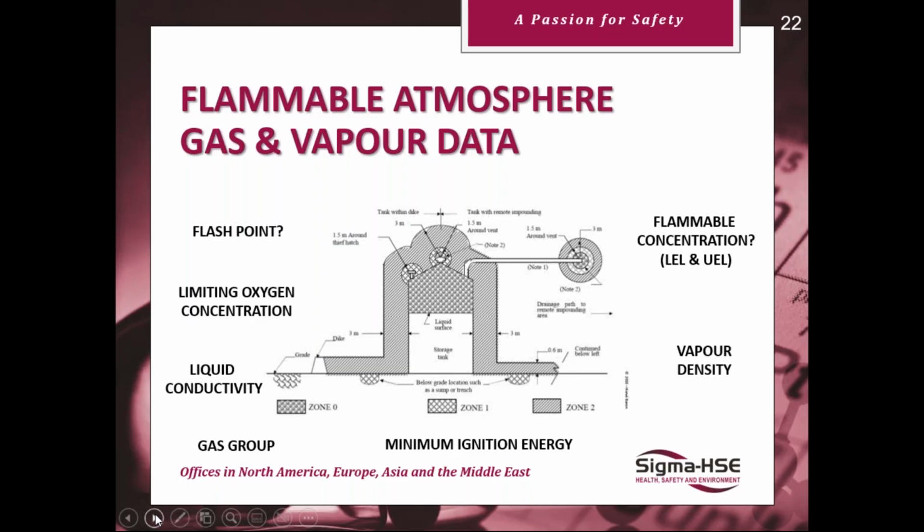What's its flammable concentration, lower explosion limit and upper explosion limit? And with vapor density, does the material fall or rise? If it falls, you've got a problem along the ground. If it rises, then you've got a problem in the roof space. And the minimum ignition energy, as I said, again, normally for gases and vapors, this is below 1 millijoule.